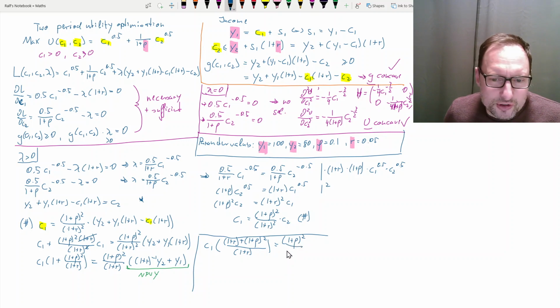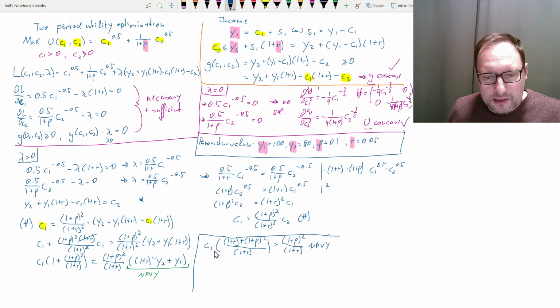That rho looks like a p, but it's a Greek rho. That's that green term here. And now I'm just bringing that parenthesis term on the left hand side over to the right hand side, because then I've isolated the c1 on the left hand side.